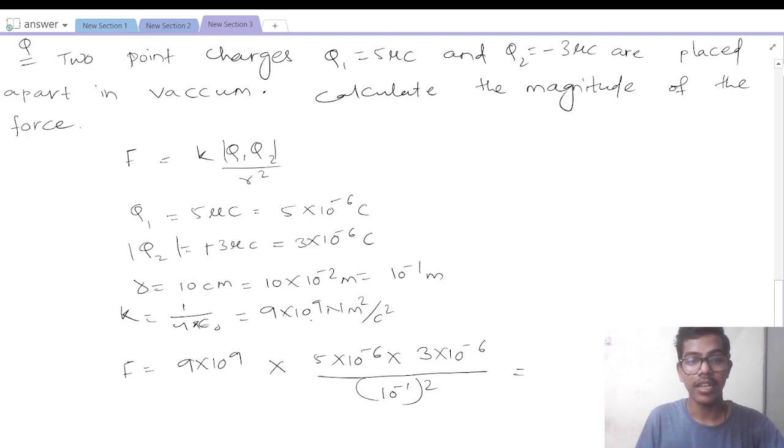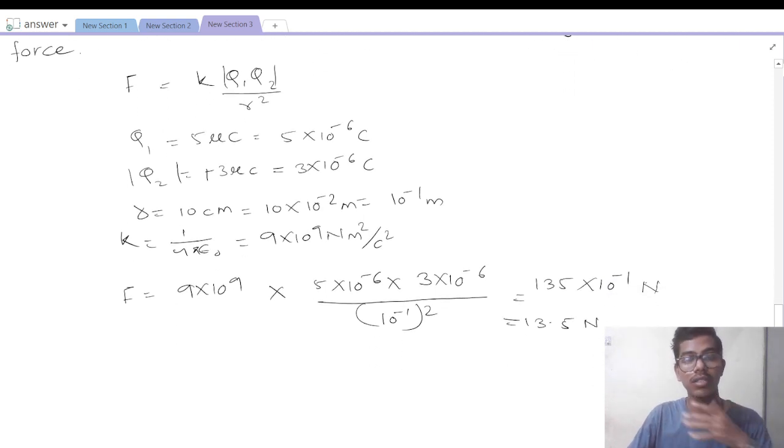That is 9 into 5 into 3 is 135, and the power is 9 minus 6 minus 6 plus 2, that is minus 1, so 135 into 10 to the minus 1 Newton, that is 13.5 Newton. That means the force between the two point charges is 13.5 Newton.